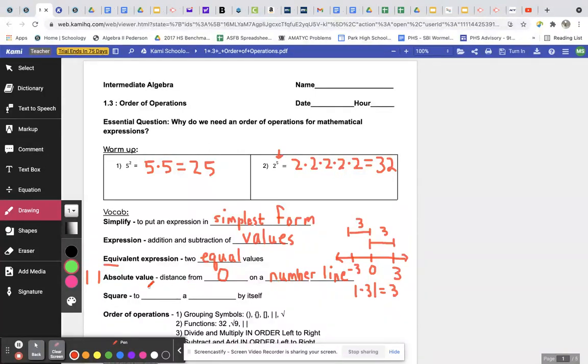To square something means to multiply a number by itself.